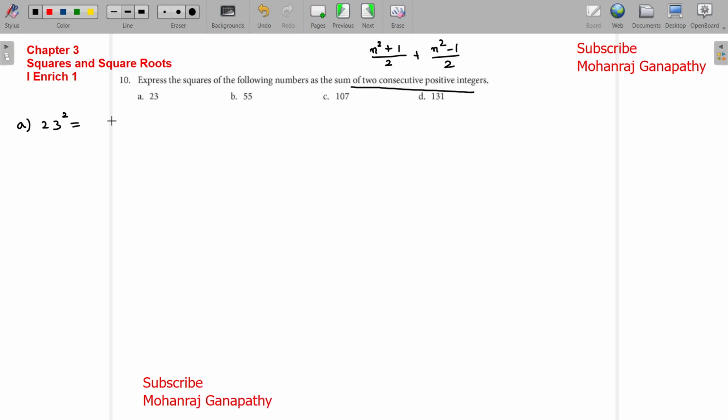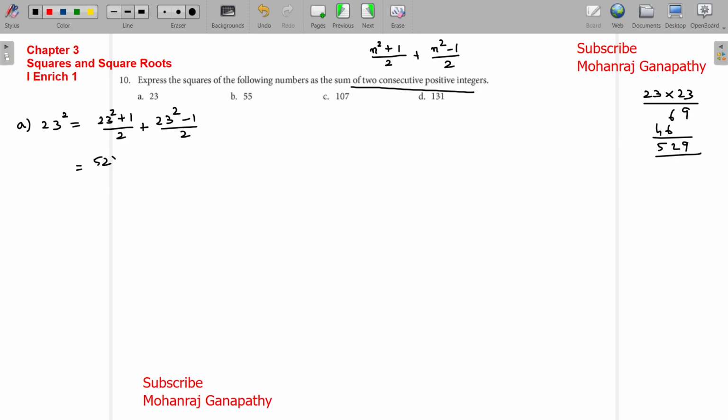23 square is equal to, here n is 23. So (23 square plus 1) by 2 plus (23 square minus 1) by 2. First of all, we need to find what is 23 square. 23 into 23 is 529.